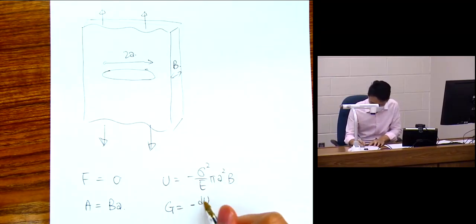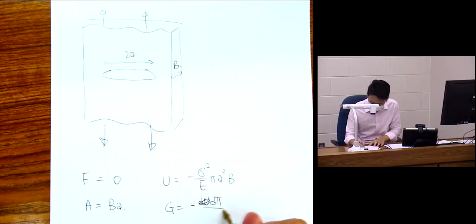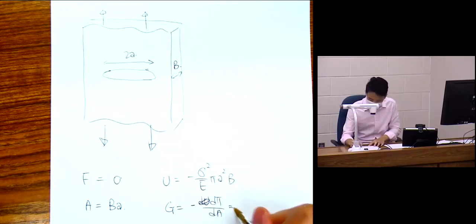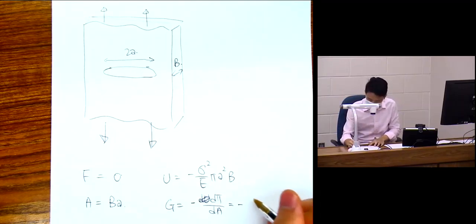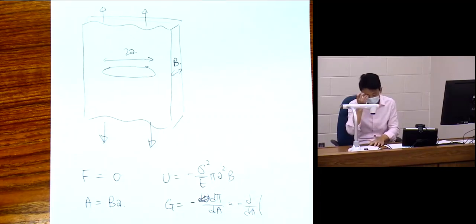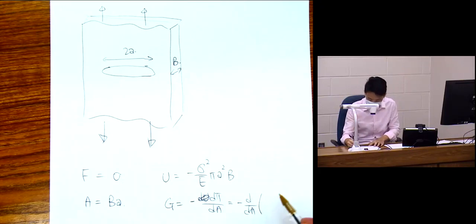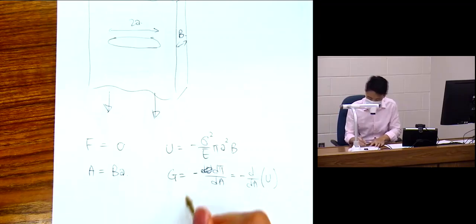Sorry, this is d pi dA, and since our difference in the work done is F and we don't have F, there's only U. So let's keep going.